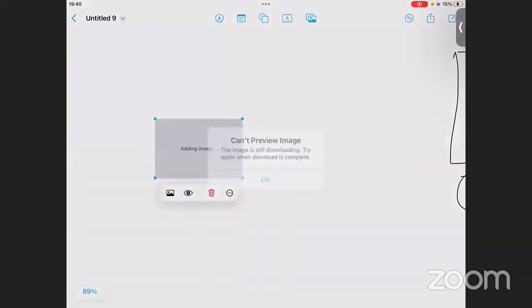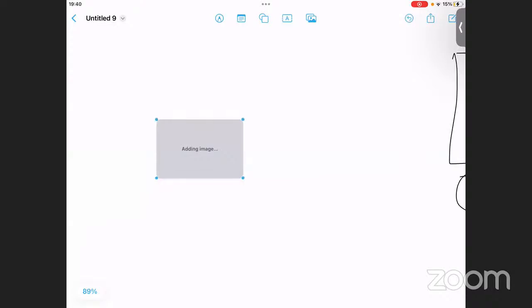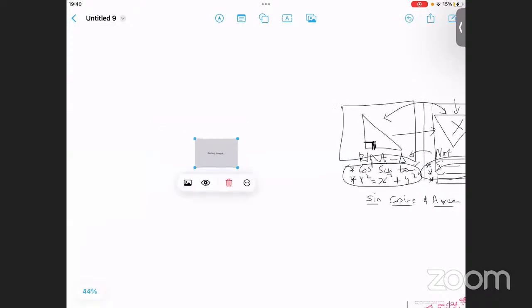Okay, and it's fine. I'll just edit this image now, unless I have to hotspot this device, maybe it will download instantly. Let me do a hotspot.